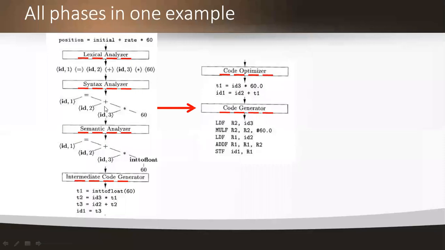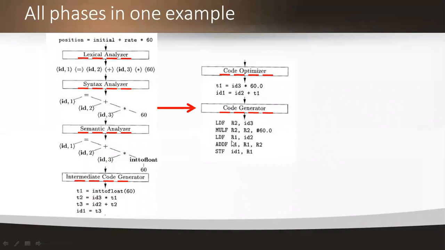Now I am going to perform the addition operation. Why? Because ID2 plus the remaining. So I am performing an addition operation with this ID2 and the remaining, which is already stored in the R2 register.